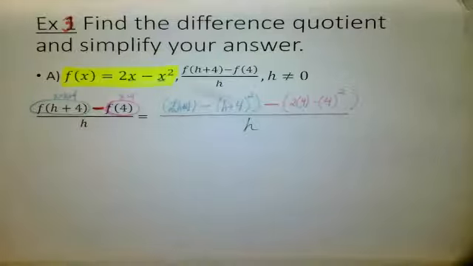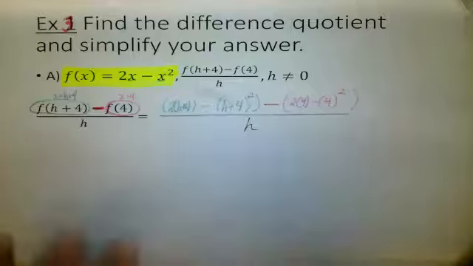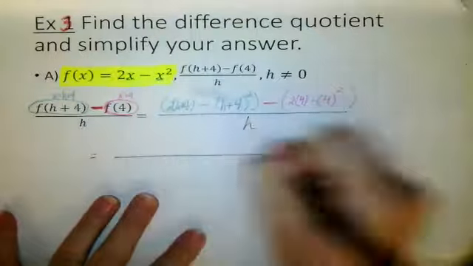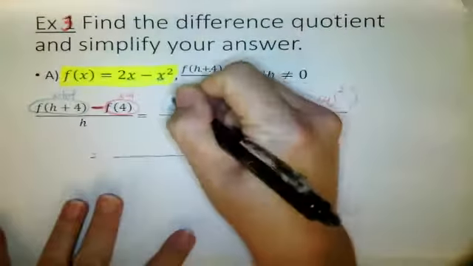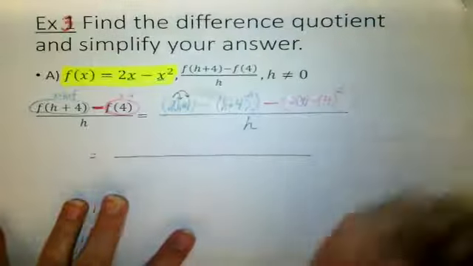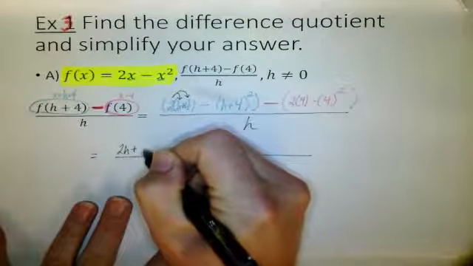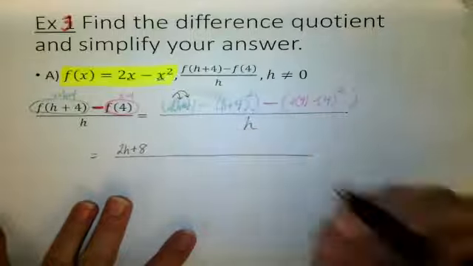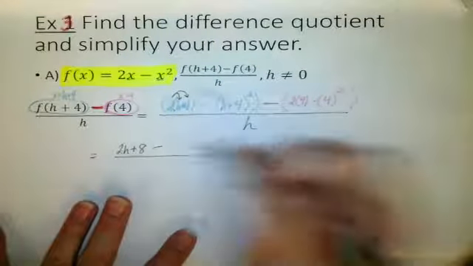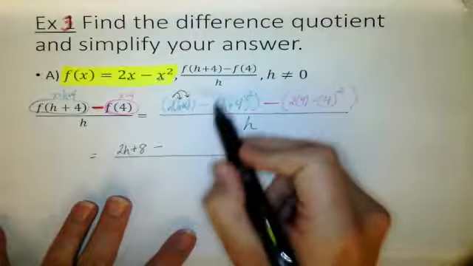That's the hard part. Everything else is algebra you've been doing for years. Pay attention. Watch your signs. FOIL carefully. So, I'm going to go ahead and distribute. My 2, what do I get when I distribute? 2h plus 8. Okay. I have a subtraction sign. You'll notice I'm subtracting something that I have to square.